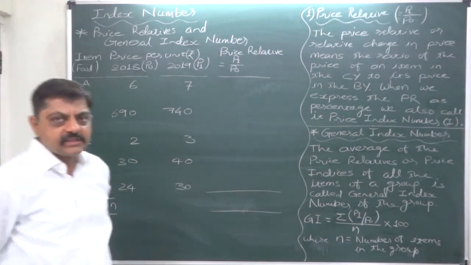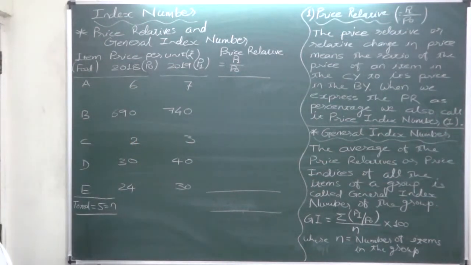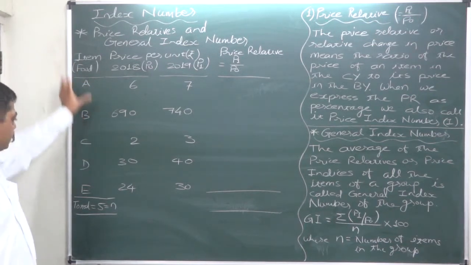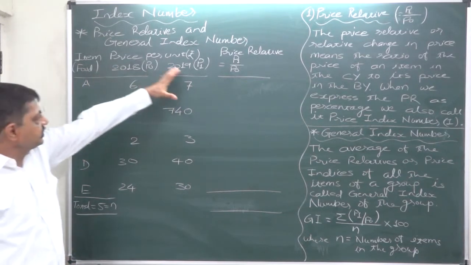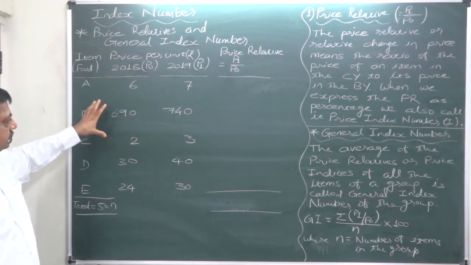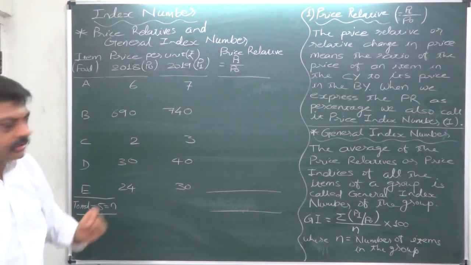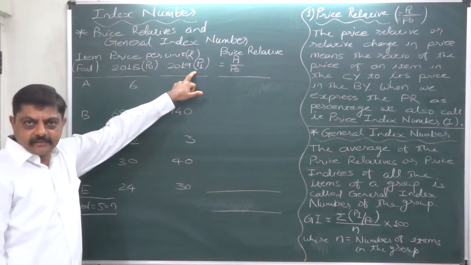Now let's learn this through an example. In our example, the group is a food group. I have changed the names to A, B, C, D, E. These are the prices per unit. The unit of measurement can be different, but this is per unit. That is the important thing. Price in 2018 and price in 2019.